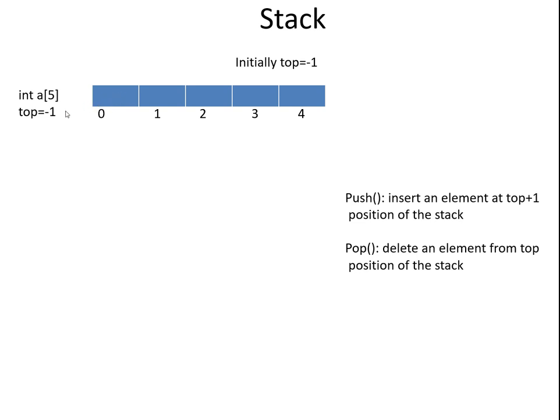But when we try to push or insert an element in the stack, we increase the top value by 1, and then we can insert our new element at the zeroth index.